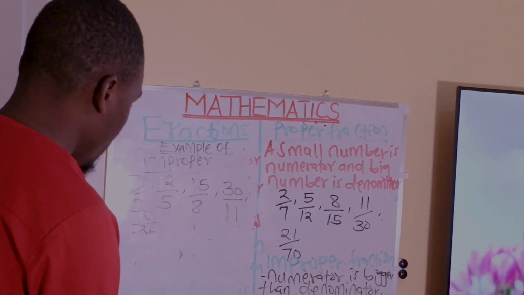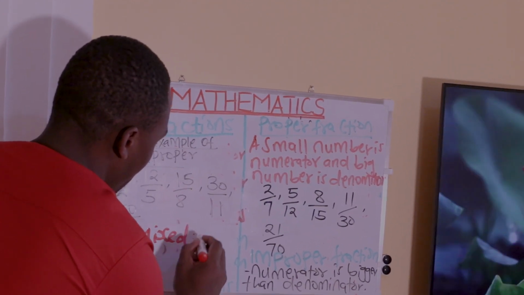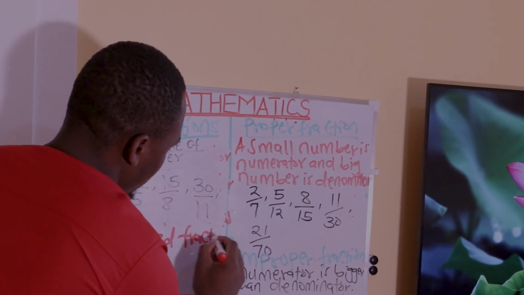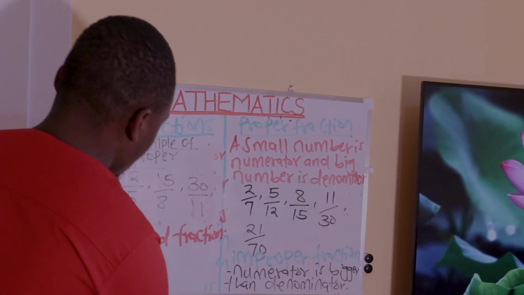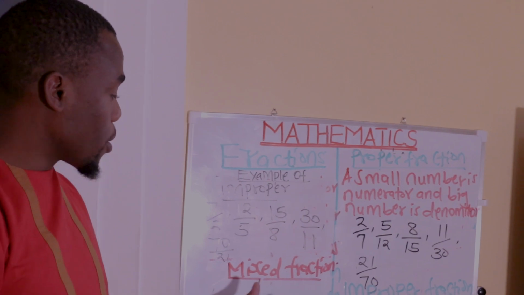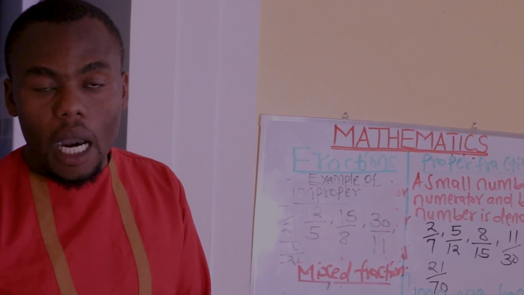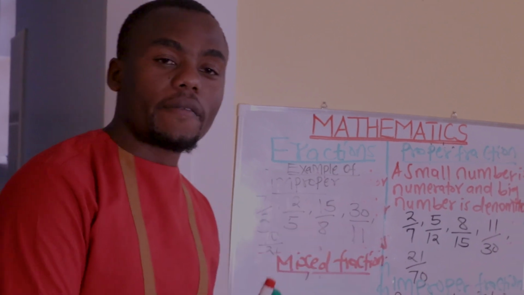The last type of fraction that we're going to discuss is a mixed fraction. Let me write here for you, mixed fraction. What is a mixed fraction? A mixed fraction is a type of fraction where you have a whole number accompanied by a proper fraction.